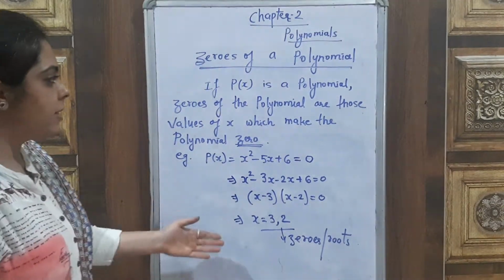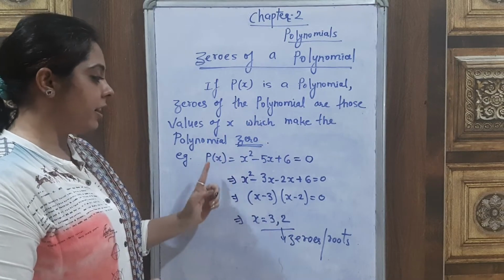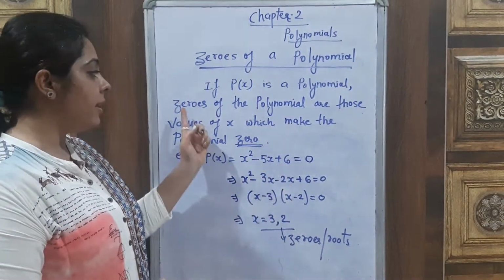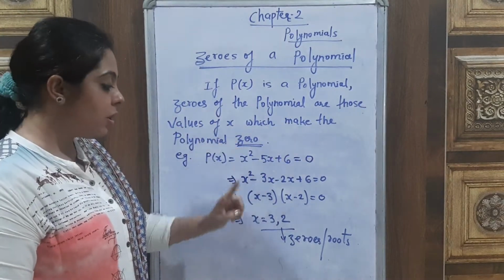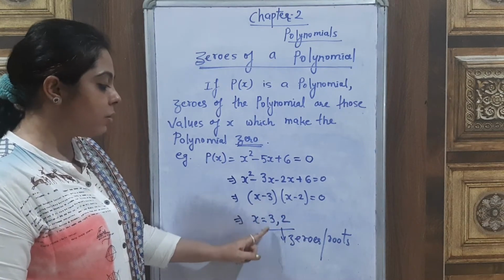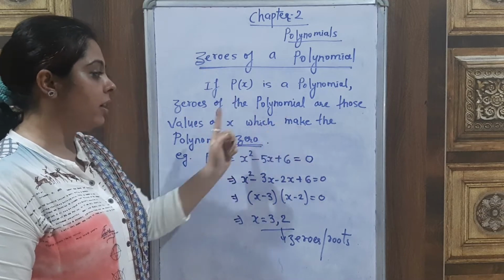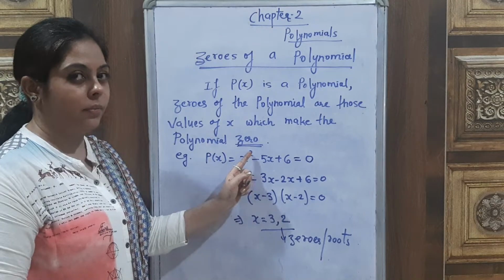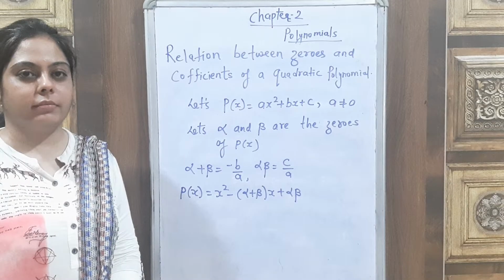Okay, it means that if p(x) is a polynomial, here we have taken p(x) = x² - 5x + 6, then the zeros of the polynomial are the values of x. So here we got two values of x, 3 and 2. So these two values 3 and 2 will be the zeros of the polynomial, which will make the polynomial 0. So hope you have understood this video.